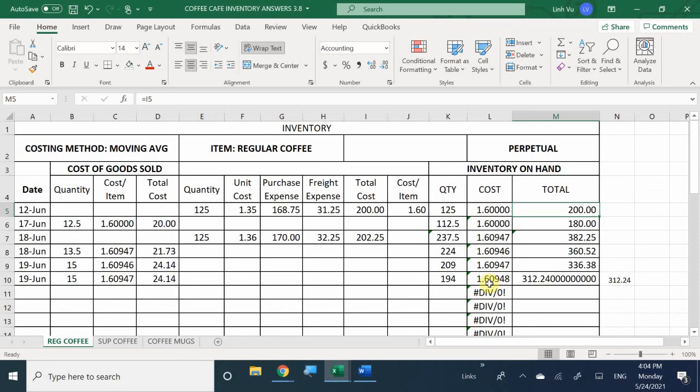Okay, and this is where I keep telling you that's not what I'm solving for. I'm not solving for my total cost. I'm solving for my cost per item. My formula is not quantity times cost. I'm calculating total cost divided by quantity.